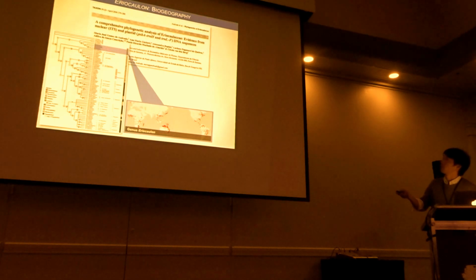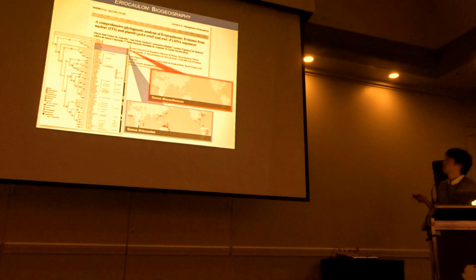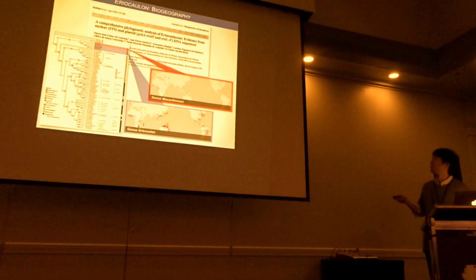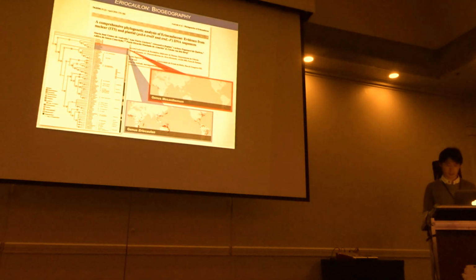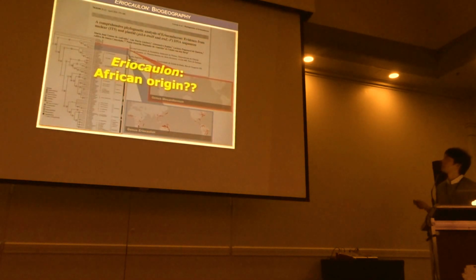Eriocaulon is monophyletic and placed here, and its sister group is the genus Mesanthemum, endemic to tropical Africa. So we have a hypothesis: Eriocaulon is of African origin, which we will test in this study.